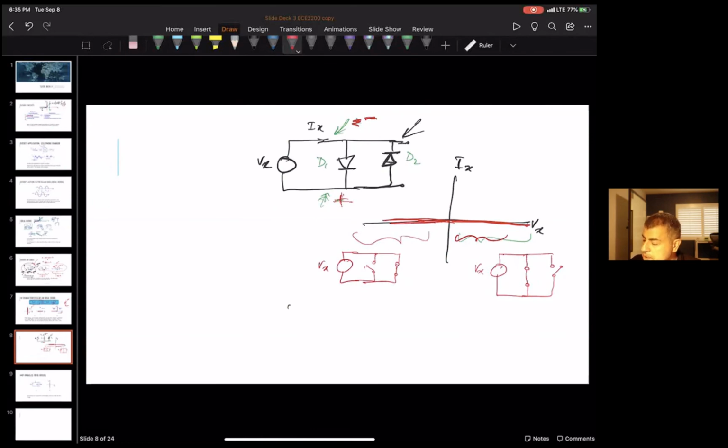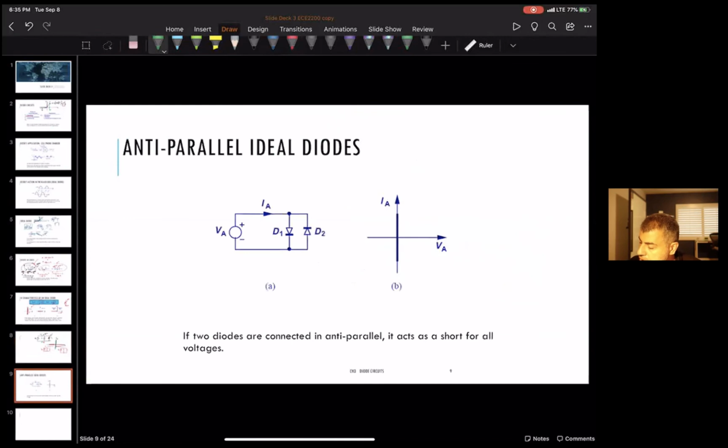So basically you always end up getting a short in the current. It kind of looks like this. Regardless of which direction it is, you just always get a short. And this is called an anti-parallel connection for an ideal diode.